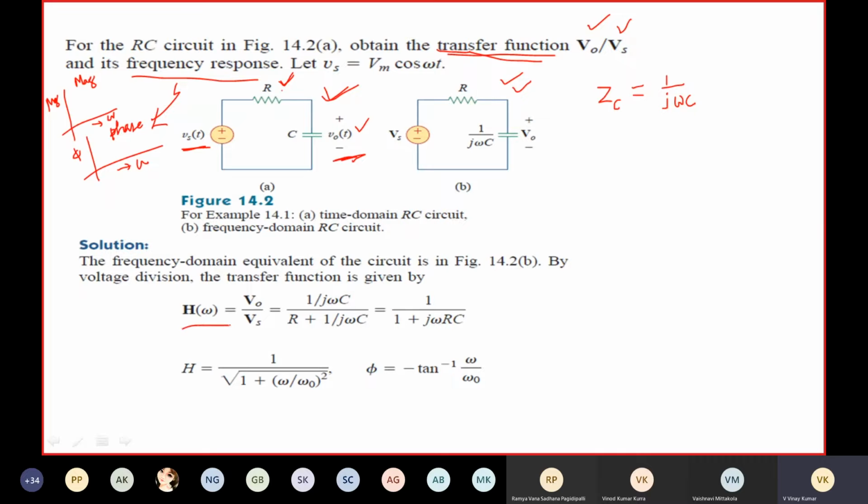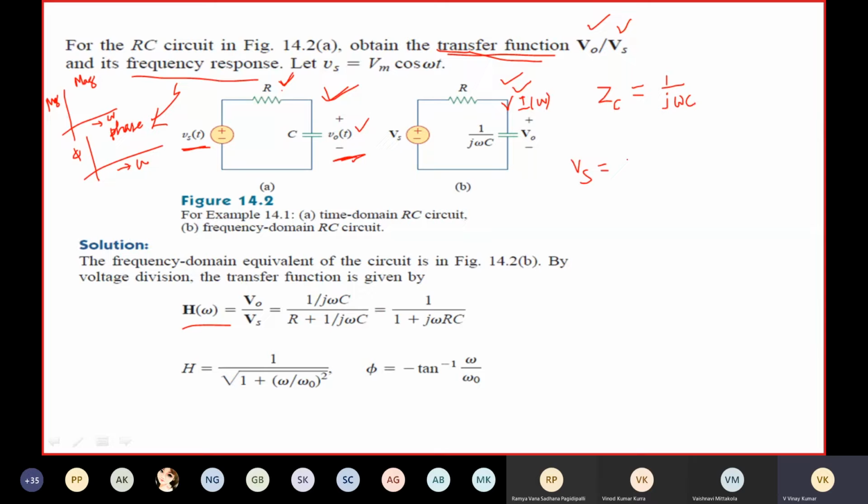Now coming to the transfer function, H of omega is equal to the ratio of output to input, so V0 by Vs, or V0 of omega by Vs of omega. Let I of omega be the current flowing through this. So what will be Vs?